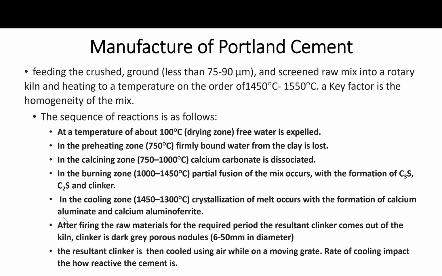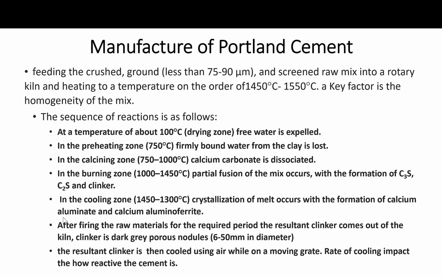After firing the raw materials for the required period, the resultant clinker is cooled. The clinker is dark gray porous nodules, with the size being between 6 to 50 millimeter in diameter.